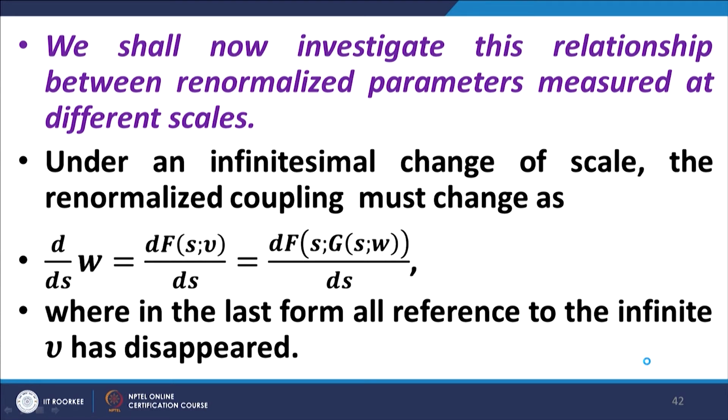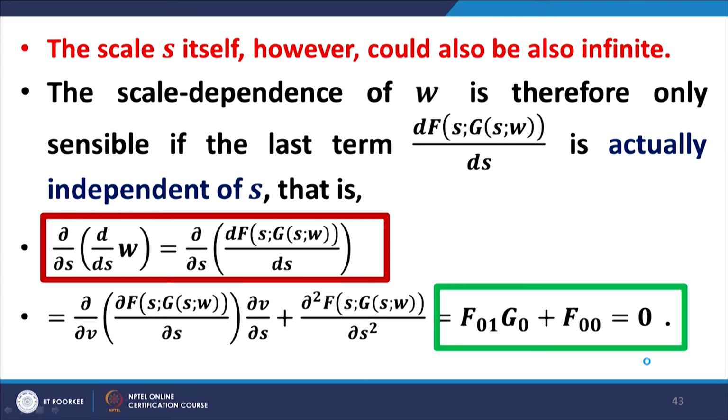Recall that the parameter V could also take infinite values in view of the concept of renormalization that I explained just a few minutes back. Now, however, the scale itself can become infinite, and therefore dW upon dS can have a meaningful value only if this expression dW by dS is independent of S, because S can take values up to infinity.